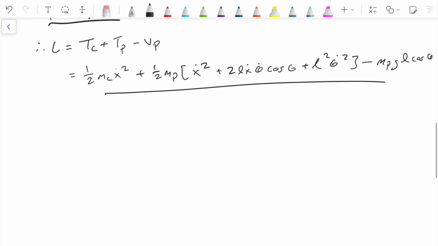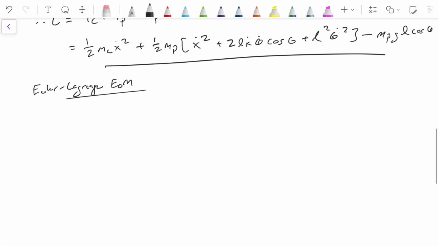All right, I took a quick break, but now it's time to jump into Euler-Lagrange's equations of motion. So the first one, let's back up for a moment.